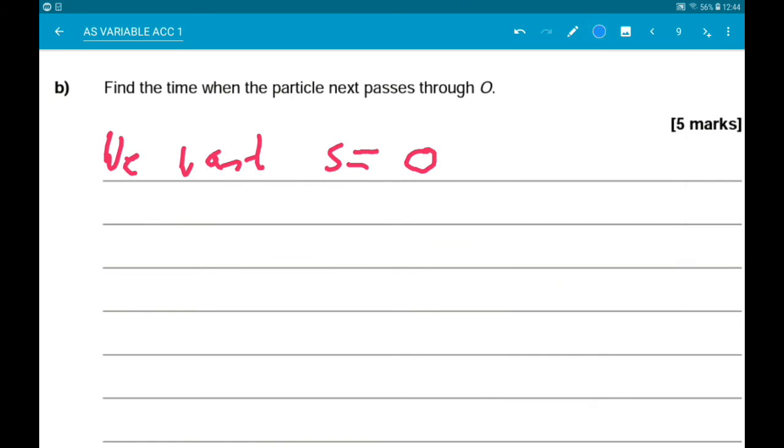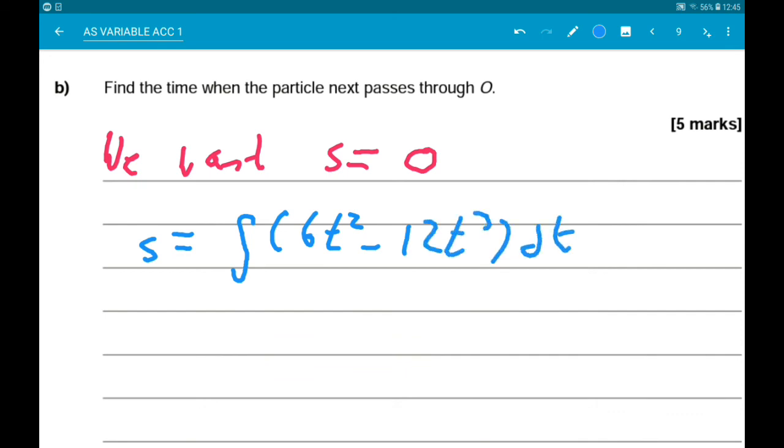Now, we know that S is the integral of velocity. So, S is the integral of 6t squared minus 12t cubed dt.